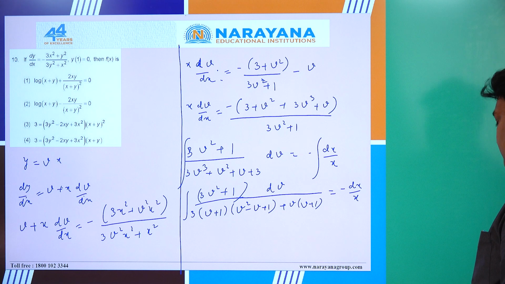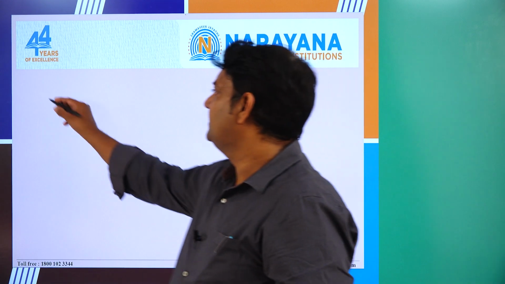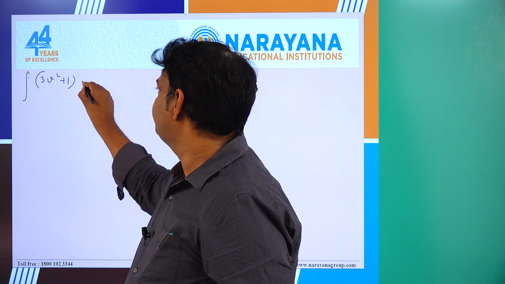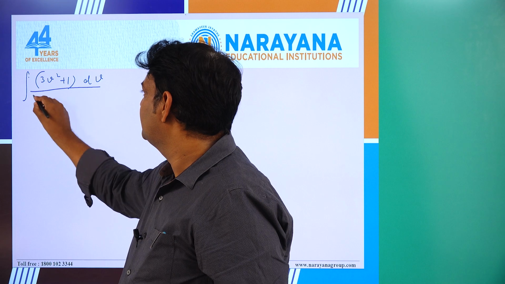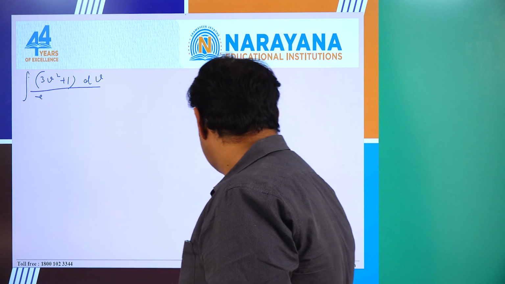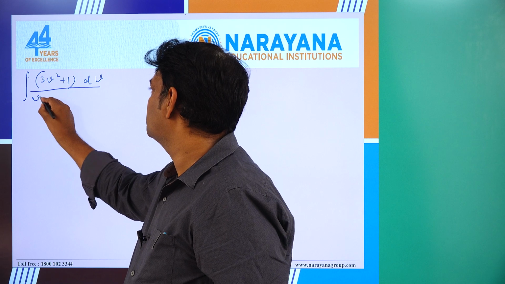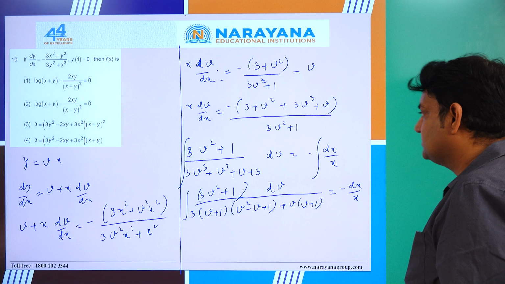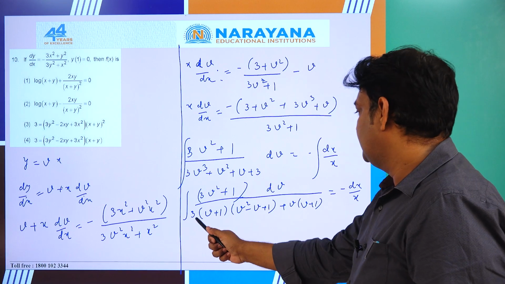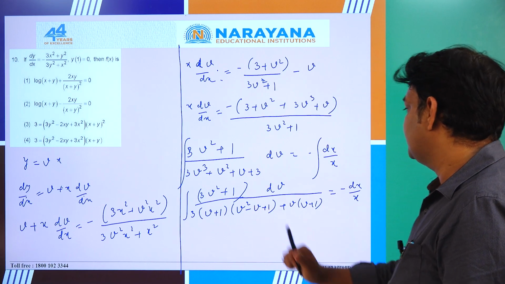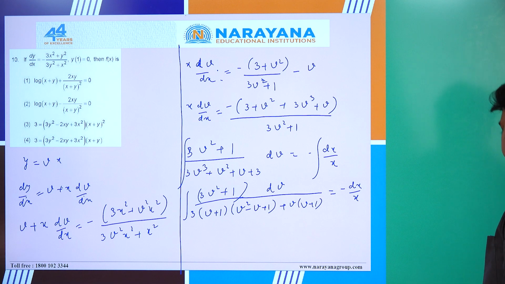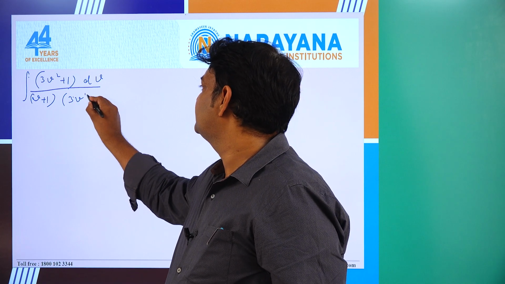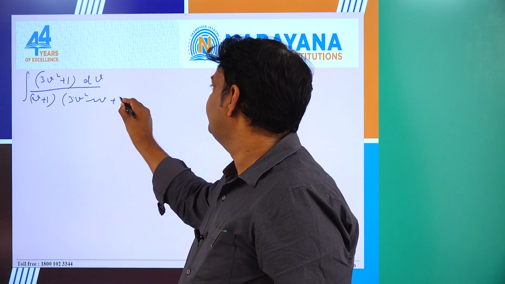So what will we get? Integral of 3v square plus 1 dv by v plus 1 into 3v square minus 3v plus v minus 2v, 3v square minus 2v plus 3.